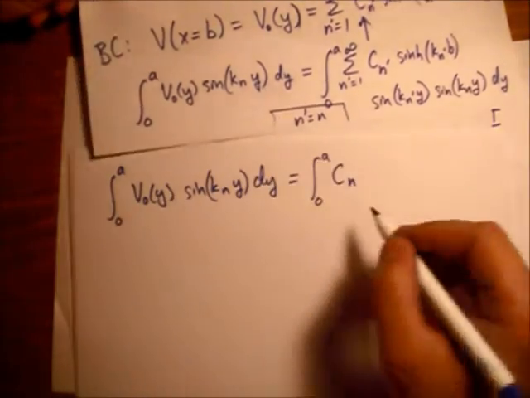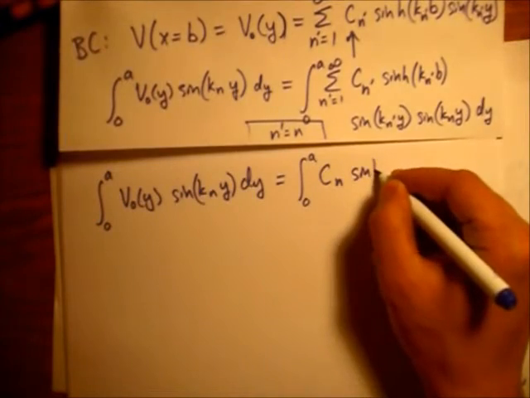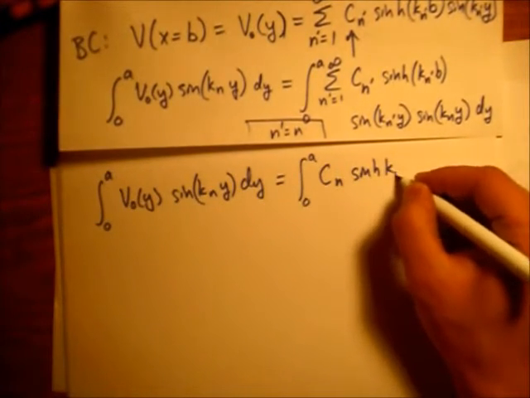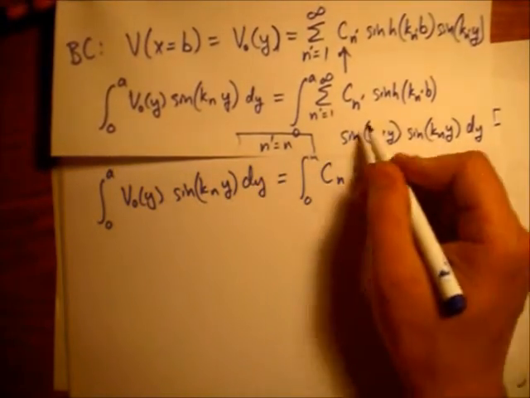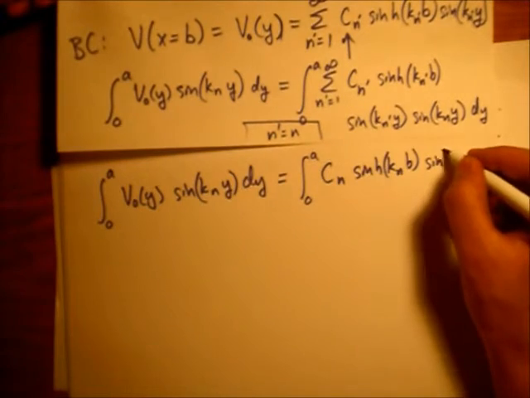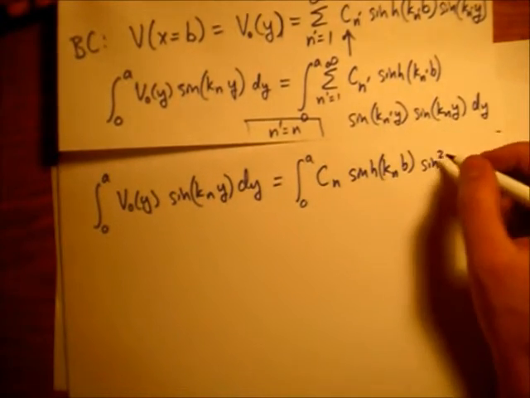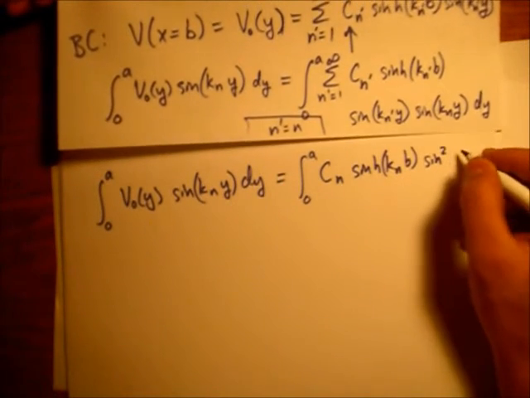We have our hyperbolic sine of k n b, and then we have this part right here. And these two can now multiply together because, once again, the n prime is equal to n.